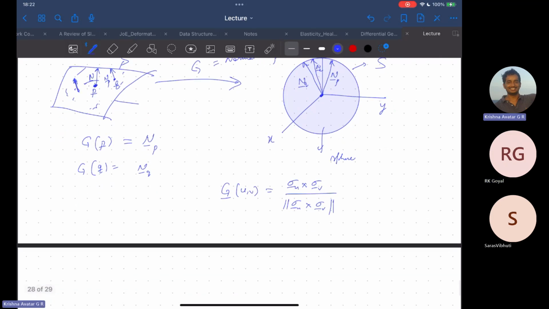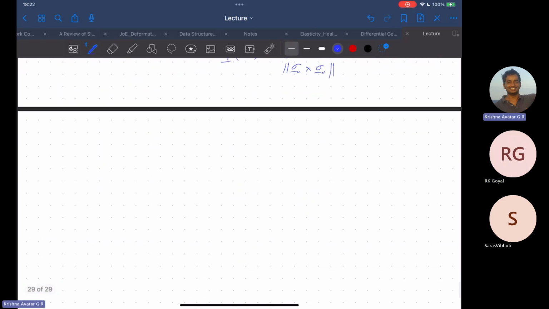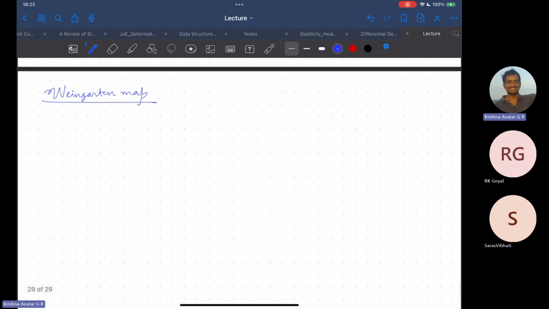However, the complexity lies in understanding what we call the differential map. We now will go on to understand what is called the Weingarten map. And I believe for the surfaces we are dealing with, the Weingarten map is a little difficult to understand.